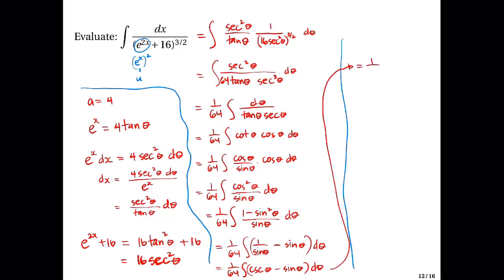So we'll have 1 over 64 quantity. Integral of cosecant theta, that's ln absolute value, cosecant theta minus cotangent theta. Then minus the integral of sine theta. So you have negative cosine theta. And then we have the negative in here. So we'll get plus cosine theta. Then we close that. And then we have the plus c.